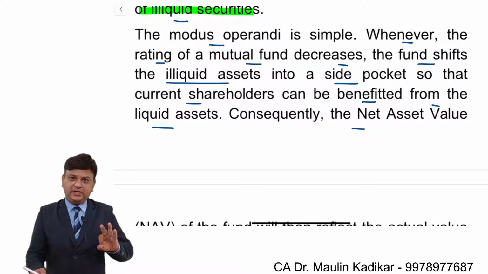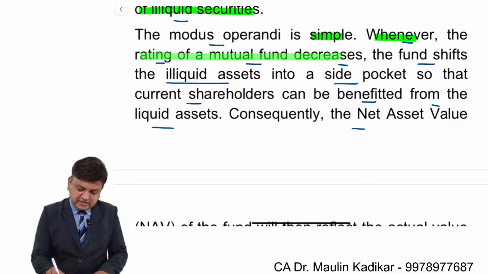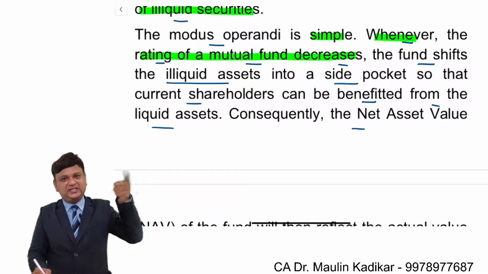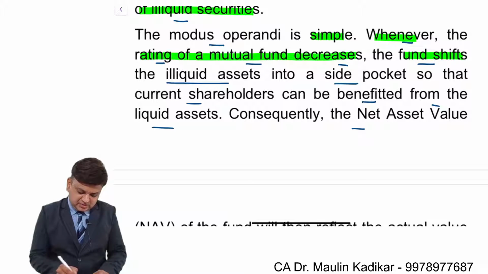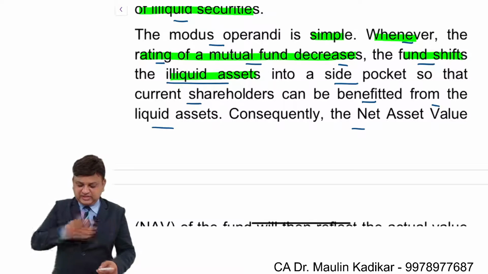The modus operandi, so the execution, is very simple. Whenever the rating of the mutual fund decreases, in a way that the rating of that debenture decreases, the fund shifts the illiquid assets, that is 2 lakhs, into the side pocket.